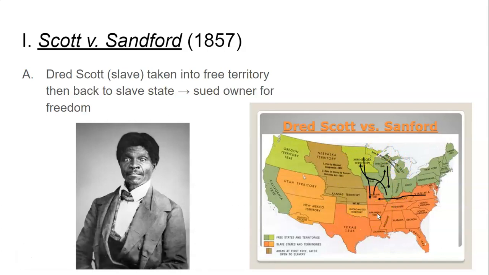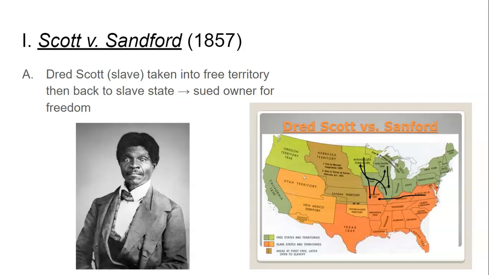But he was taken to a free territory and then taken back into a slave state. And he believed that because he lived as a free person in a free area for a while, that he should not be subjected back into slavery. And so he sued his owner for his freedom. So that's how you get the name Scott v. Sanford, who was the owner.